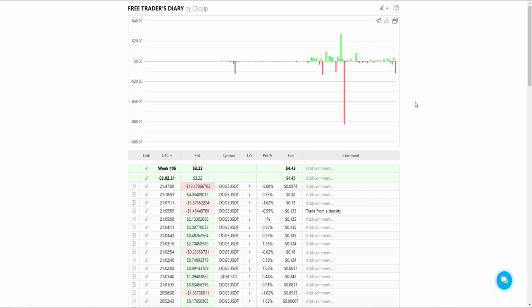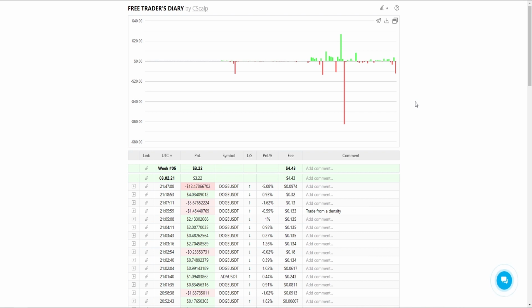So guys, finally, today we understood how to connect the trader's diary to the Binance exchange, and afterwards everything will be automatic. We understood why we need this diary and why it can be useful.